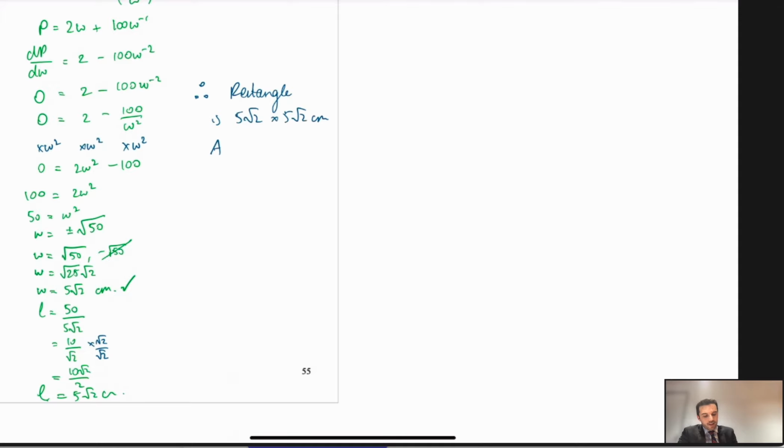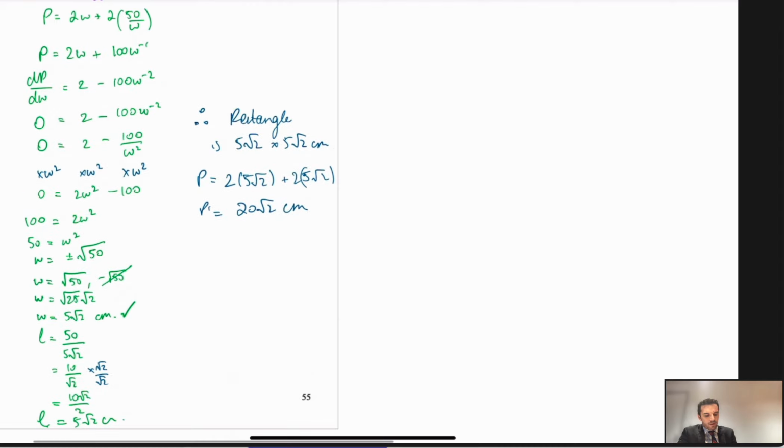And you can even say we want to minimize the perimeter. So we could use that rule, where we plug it in, 2W plus 2 lengths. And that's 10 root 2 plus 10 root 2, 20 root 2 centimeters is the minimum perimeter.